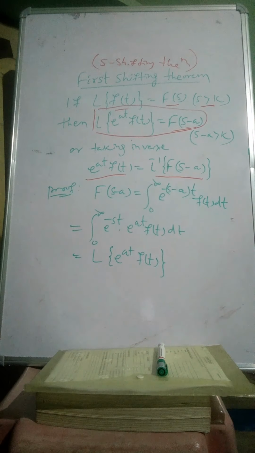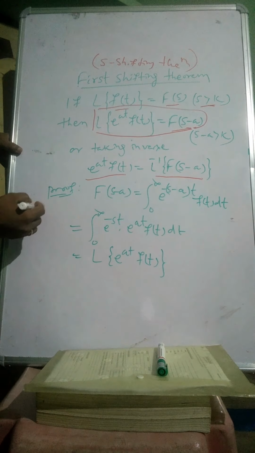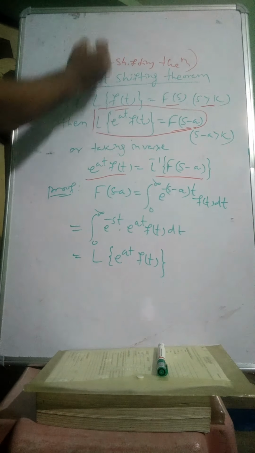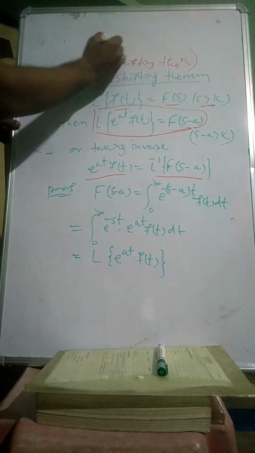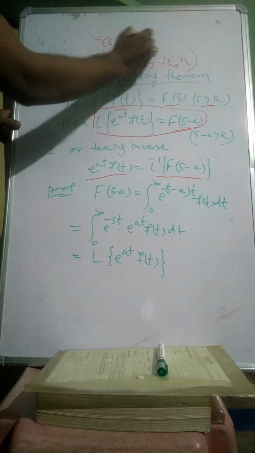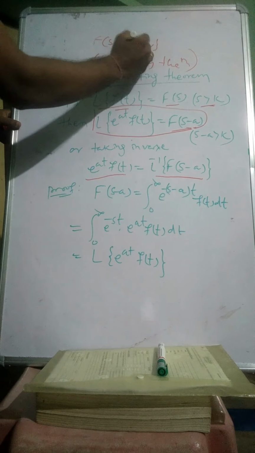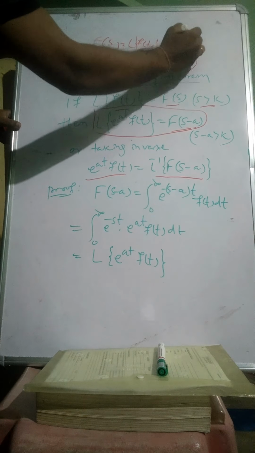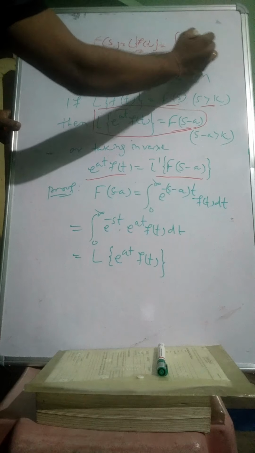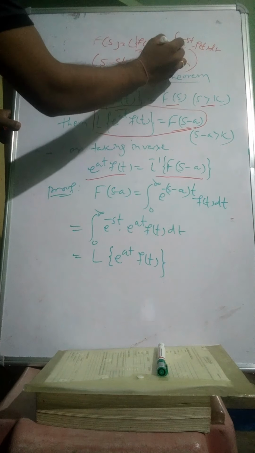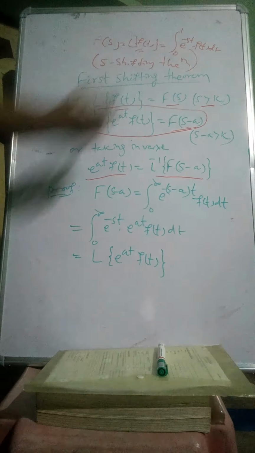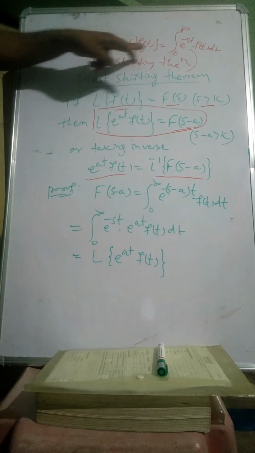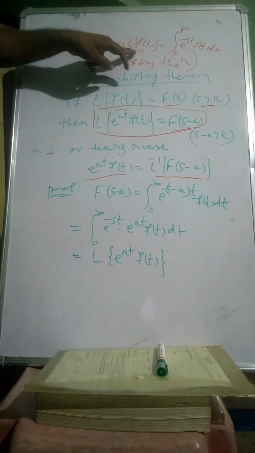We know from the definition that F of s means we took Laplace of f of t, and by the definition of Laplace of f of t it is the integration from 0 to infinity of e to the power minus st into f of t dt. This is the definition for F of s, that is Laplace of f of t.